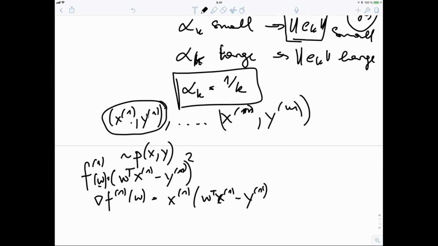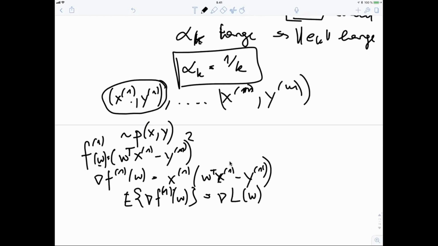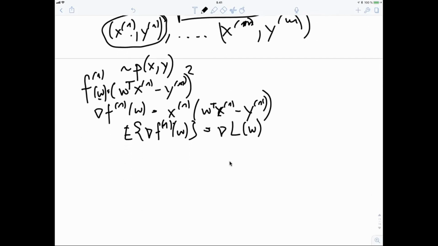And since this x1 and y1 is an IID realization of a random variable with joint distribution x and y, this means that actually this is an unbiased estimator for a gradient of the risk itself. The risk itself, which is actually what we want to optimize.